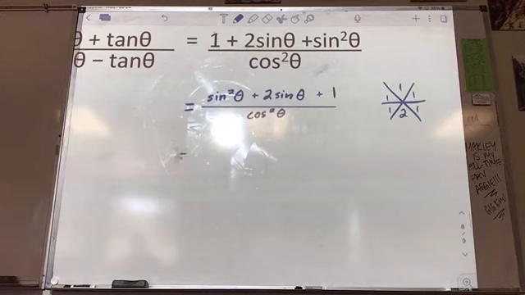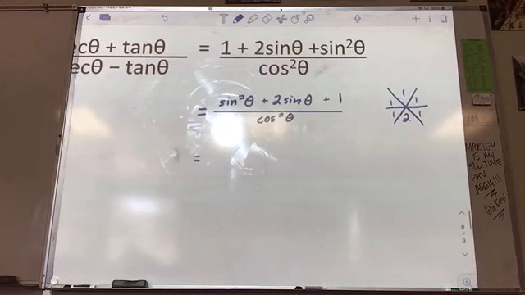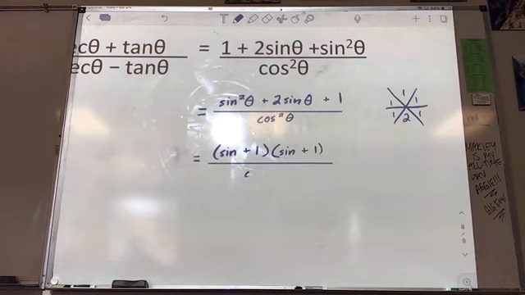So the top of this becomes sine plus 1, sine plus 1. That's actually a perfect square trinomial. But you weren't told that, so you can't assume that. Okay, on the bottom, I have cosine squared theta still.